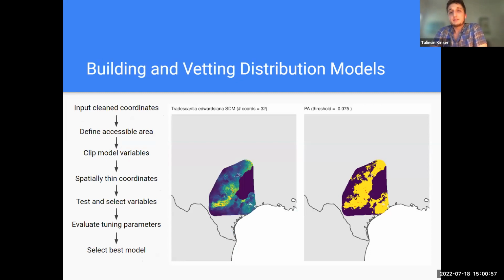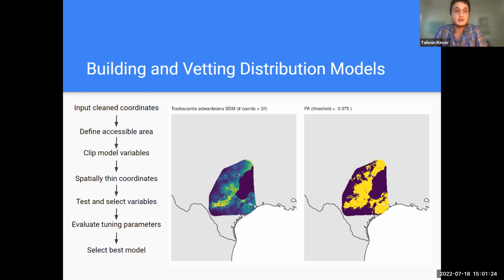And so for this project, we did build distribution models, and we had to automate this process because there were thousands of them. We had an automated pipeline in R that we used to go through this.